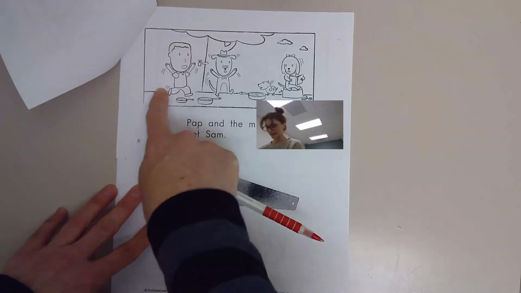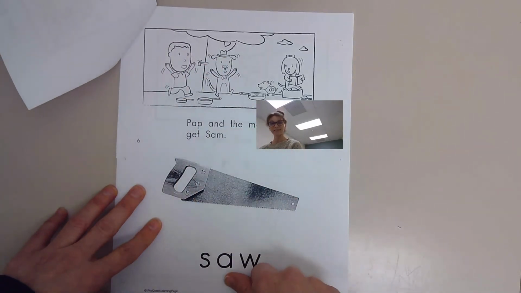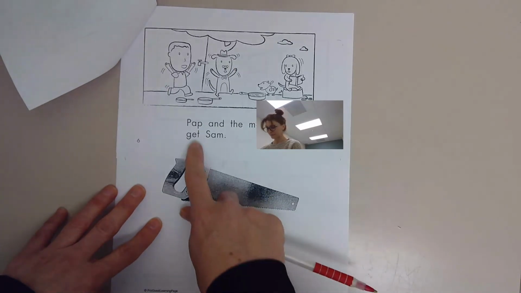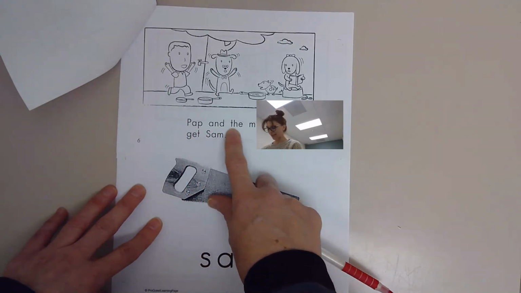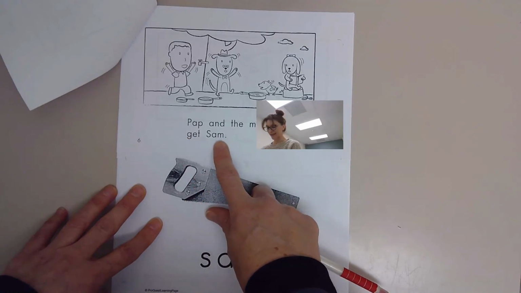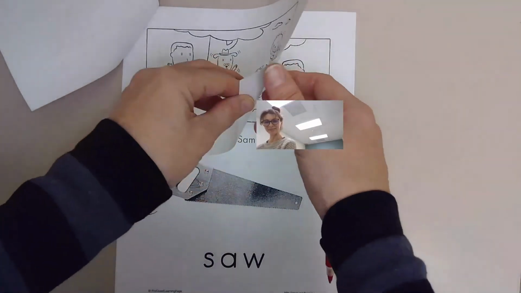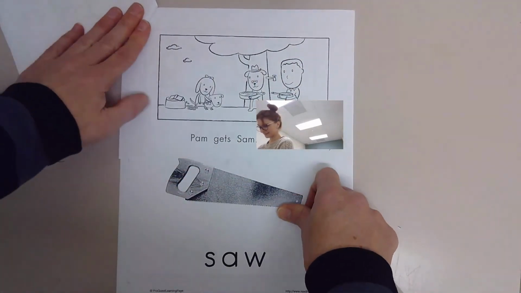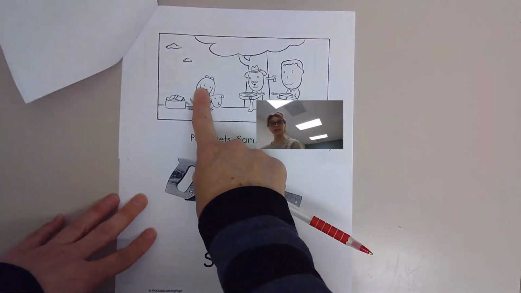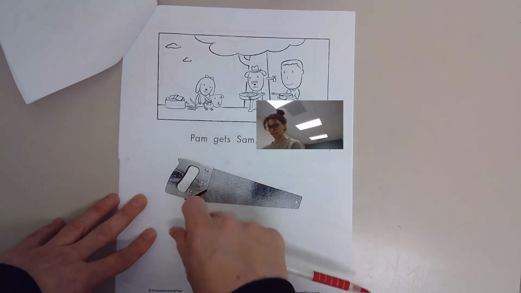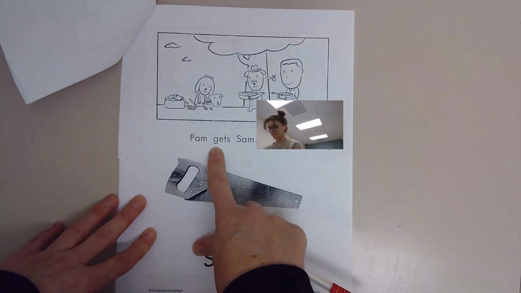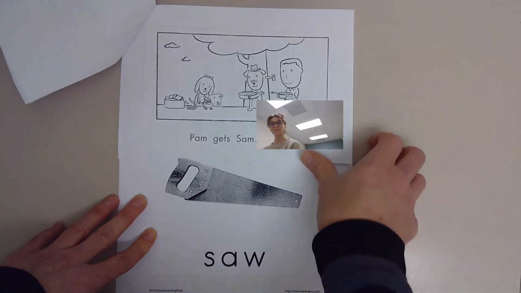Look at the man and look at Pap. They look like they're a little bit frustrated with Sam. Pap and the man get Sam. They're like, no, Sam, don't eat that sap. Oh, now it looks like Pam is going to look after Sam. Pam gets Sam.